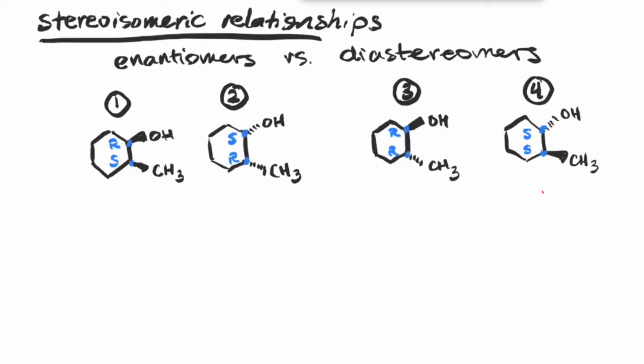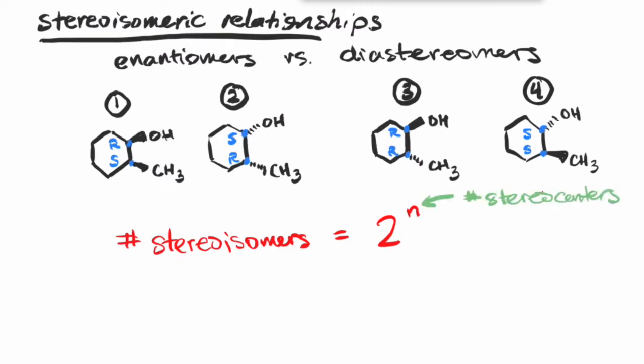And a little aside note here on the number of stereoisomers you can get. There's an actual math for this. It follows a formula. The number of stereoisomers is 2 raised to the nth power, where n is the number of stereocenters. So for example, if you have a molecule with only 1 stereocenter, that'd be 2 raised to the 1 power, which is 2, right? So you would just have you and your enantiomer.